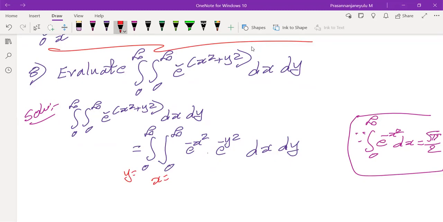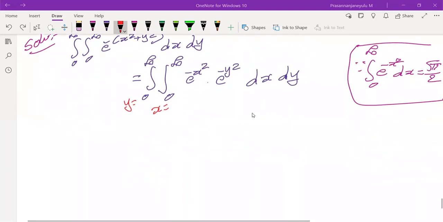Whenever all four limits are constants and the integrand can be written as a function of x into a function of y, it belongs to case 1, method 3.